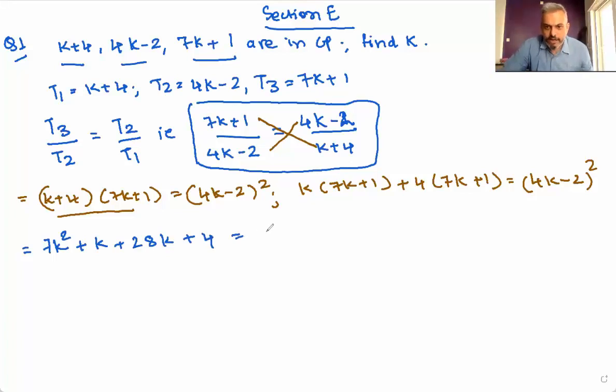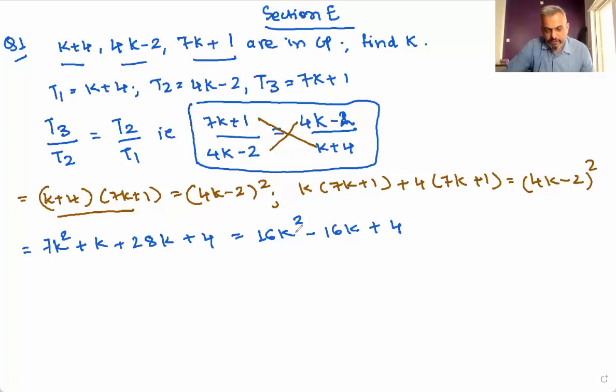So 4k the whole square is 16k square, minus 4 twos are 8, 8 twos are 16, so minus 16k, plus 2 square is 4. Now let's solve this. We'll see what goes from LHS to RHS and RHS to LHS.